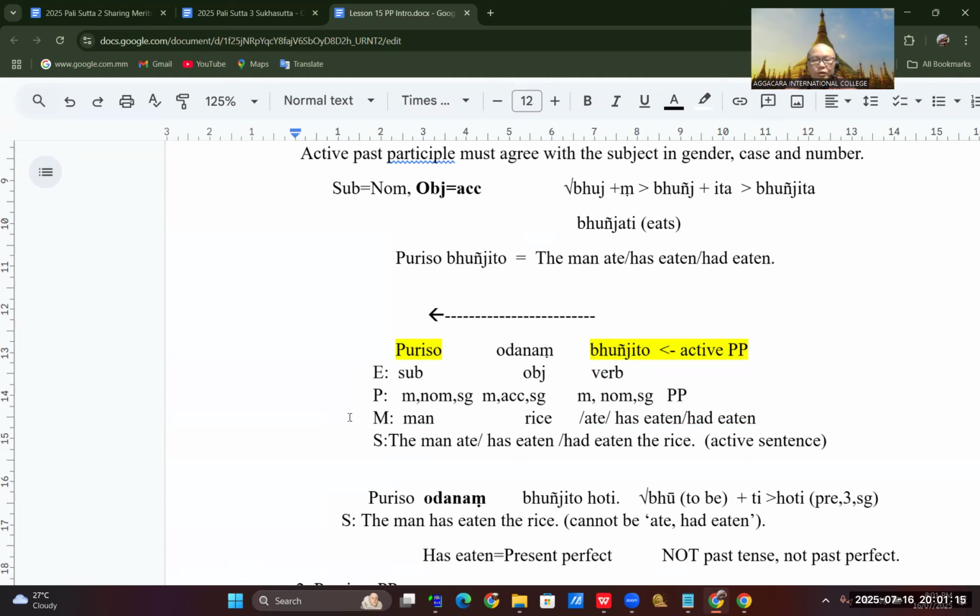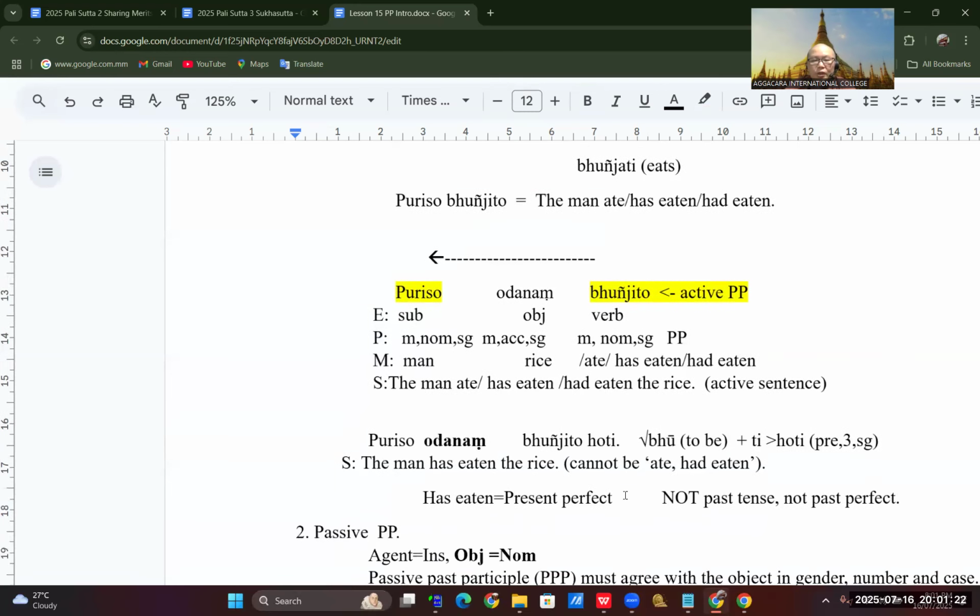Now, if you add some more, you can put the word hoti. Okay. Now, when you put hoti, hoti is a present tense, right? So when you put hoti, which is a present tense, you cannot put he ate. So you cannot take the first example. You also cannot take the second one, had eaten.